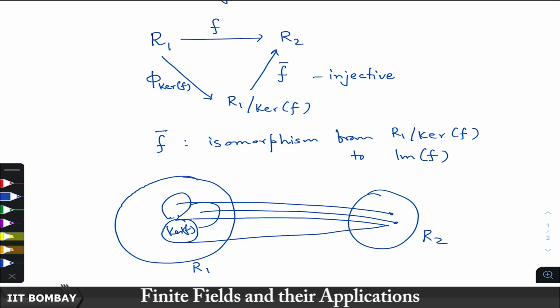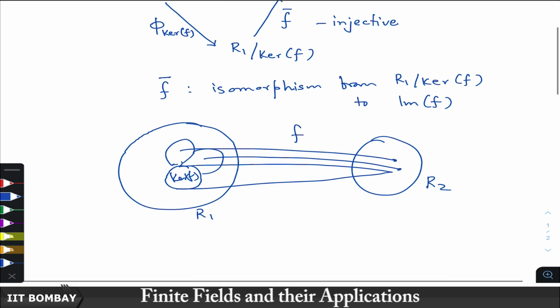So, all these cosets of kernel F get mapped to single elements in the image. So, we are visualizing this map in two steps.